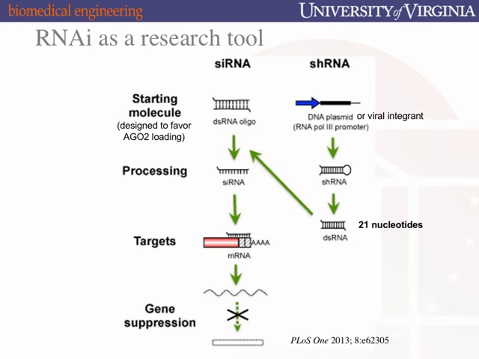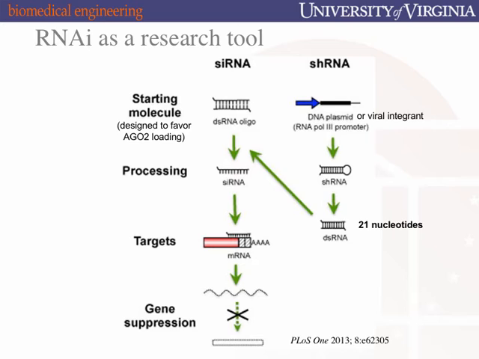You can exploit the endogenous microRNA and RNAi machinery in one of two ways. You can do it synthetically by synthesizing what's called a small interfering RNA, simply a duplex of RNA that is already the mature guide and passenger for a sequence of a gene that you want to target. There are rules about how you design those sequences so that they're very potent, and databases that you can look up to find these.